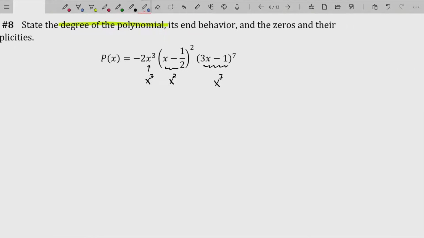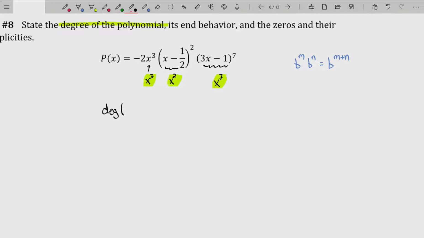Using the laws of exponents, if you have a base to a power times the same base to a different power, you add those powers. So I'll have x to the 3rd, eventually times x to the 2nd, eventually times x to the 7th. The overall degree of this polynomial will be x to the 12th.